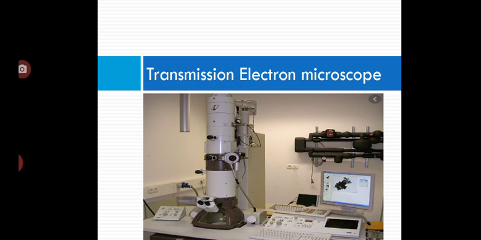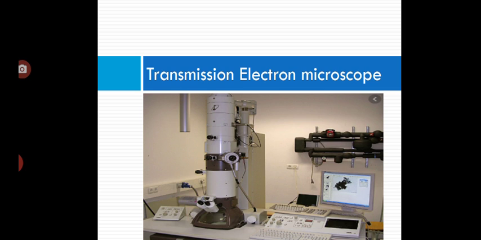The transmission electron microscope operates on the same basic principle as the light microscope but uses electrons instead of light.